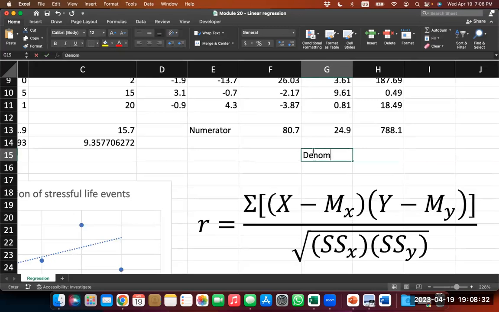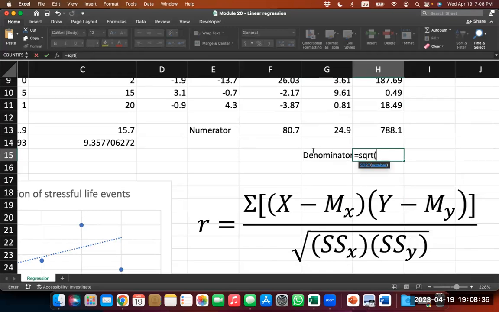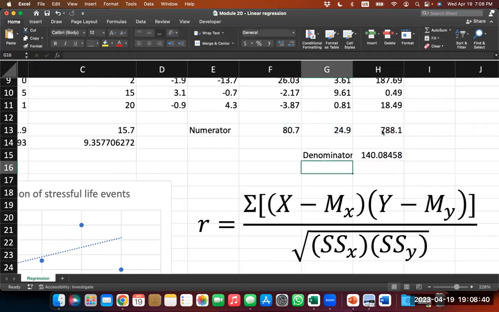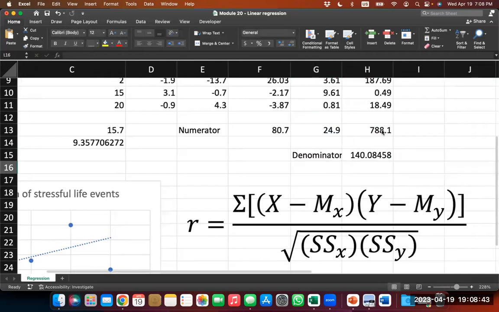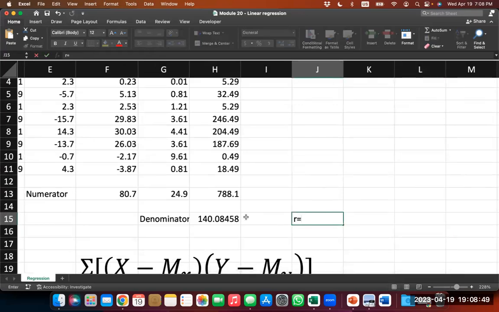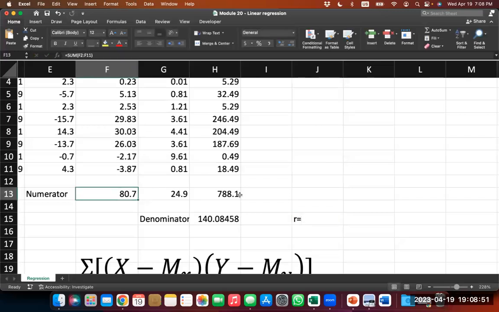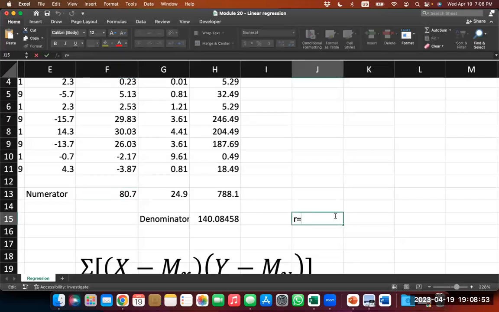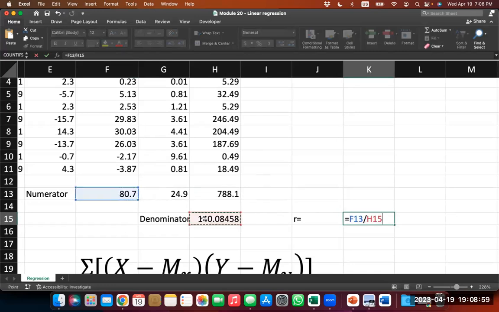So the denominator is now the square root of this multiplied by this. And this is now calculated as the r by basically taking the numerator divided by the denominator. So we have an r of 0.58.